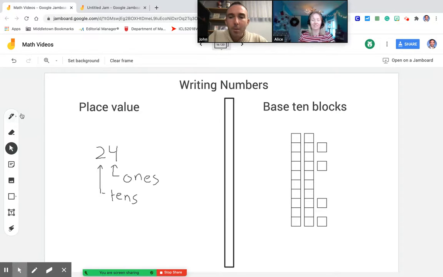So the idea behind base 10 blocks is that each little block is one. We think of it as area. It's a length of one and a width of one. So it just stands for the number one. If we have this long rectangle, we call this a 10 because we have 10 of these ones. So it is a 10 by 1 rectangle composed of a bunch of 1 by 1 rectangles. So this adds 10 to the running sum.